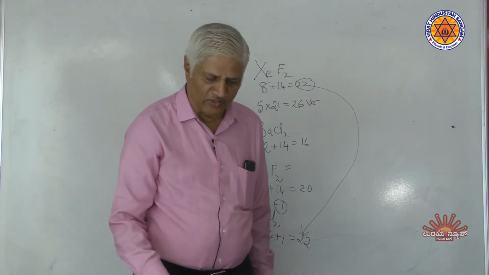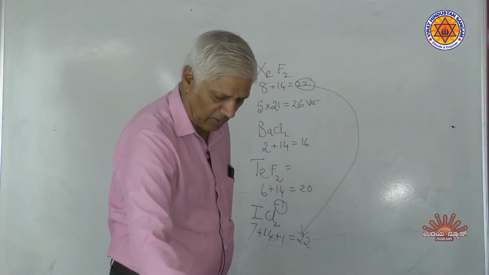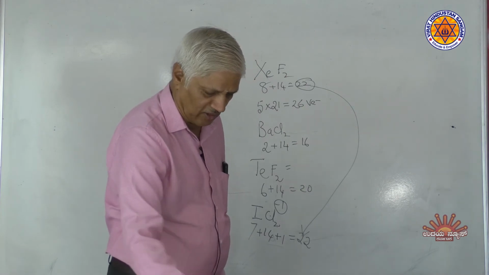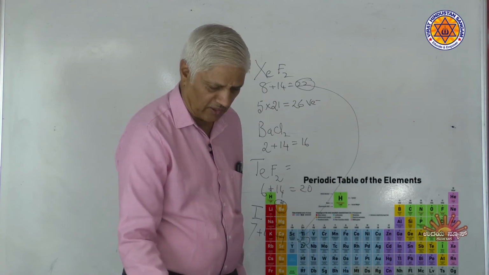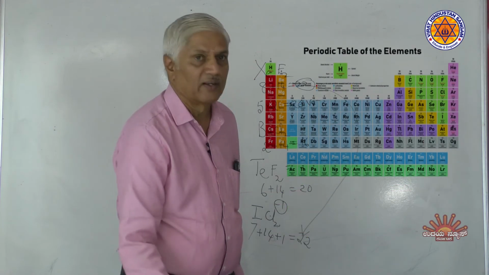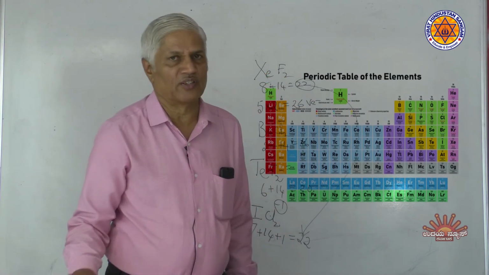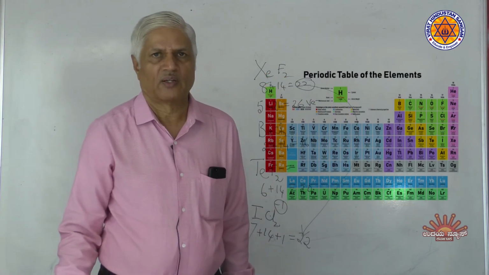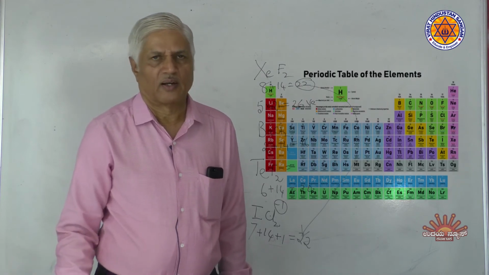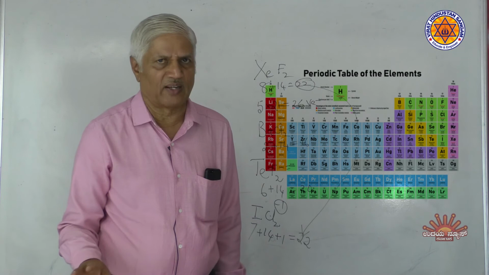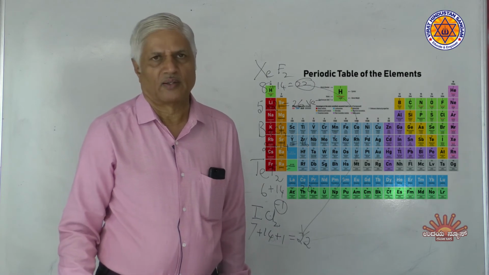So what should you do in such questions? Find the number of valence electrons. To find the valence electrons, you must have some knowledge about the periodic table. Halogens, 7 valence electrons. Oxygen, sulfur, selenium, tellurium, 6. All noble gases except helium, 8 electrons.